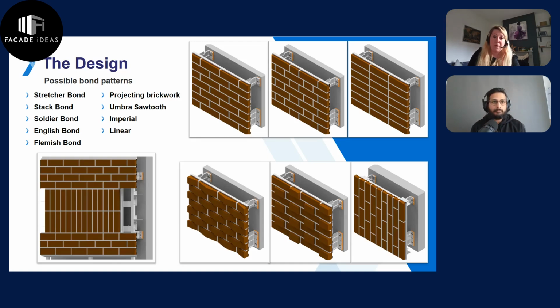Yes, we would be able to take that down. It's not a standard, so what you saw before was the standard sizes that we would offer, but we can cut the slips obviously within the normal parameters of brickwork, which a queen closer would be, so it's a quarter size brick. Yes, we will be able to cut and offer that.